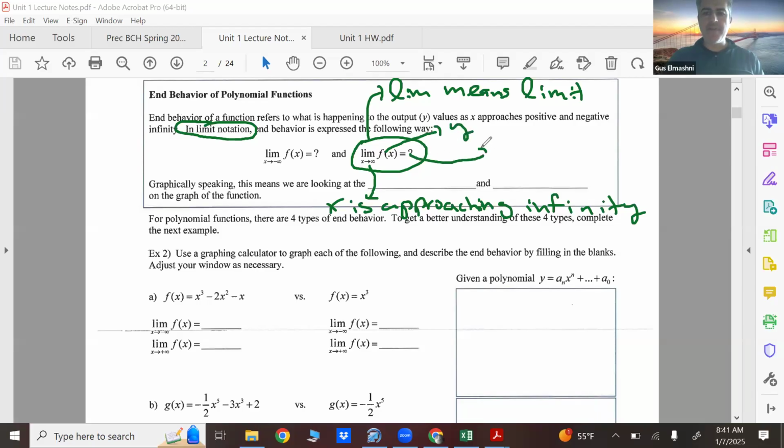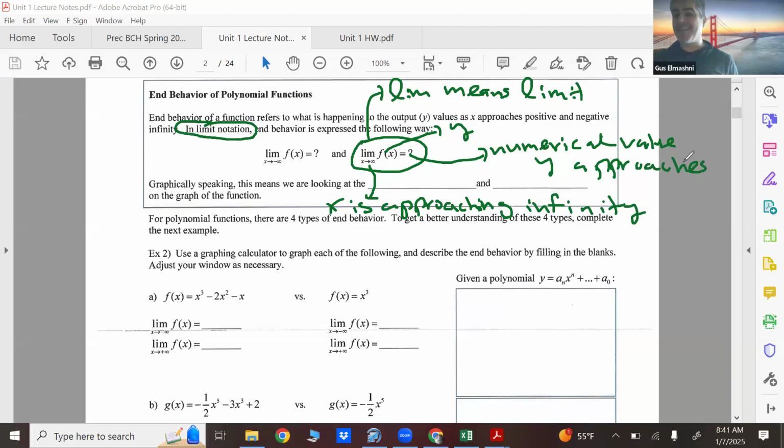And the question mark is a value. Let me replace that: numerical value y approaches. So that's how you dissect this. It's a kind of shorthand notation.